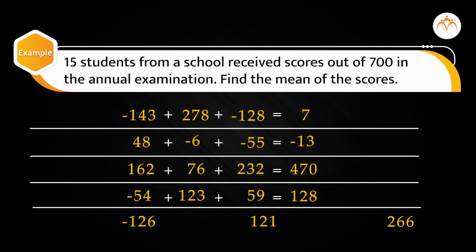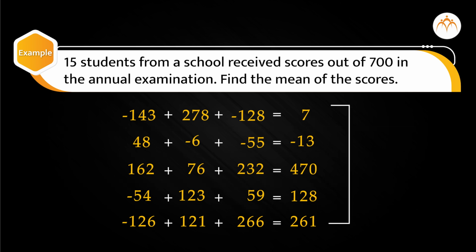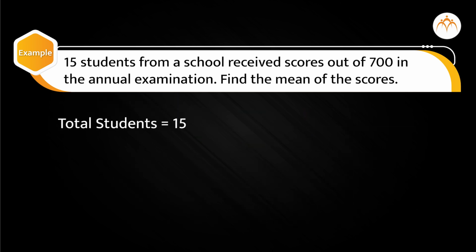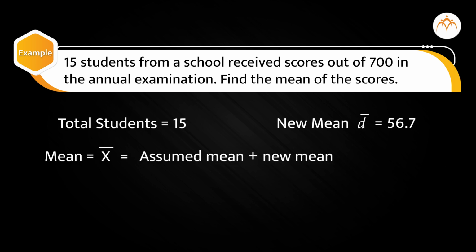Minus 126 plus 121 plus 266 is equal to 261. The total is 853. Total students are 15. Therefore, the new mean, that is D, is equal to 56.7. Mean is equal to assumed mean plus new mean equal to 400 plus 56.7 equal to 456.7.